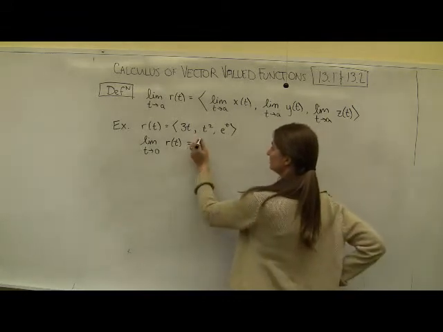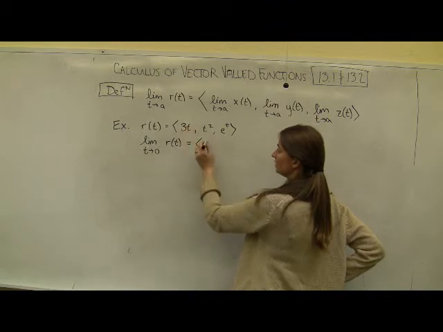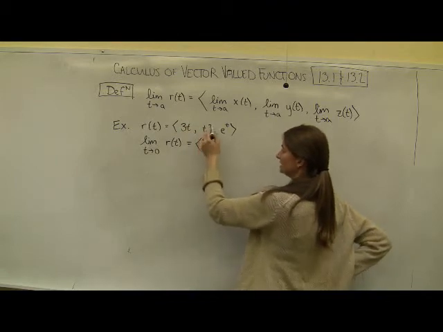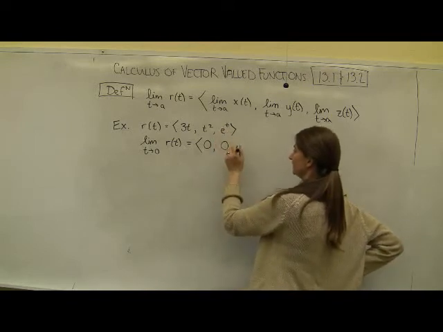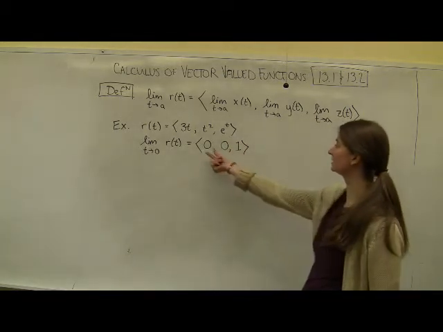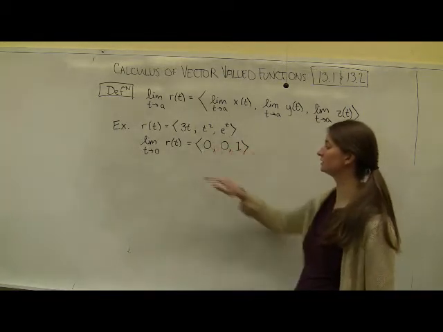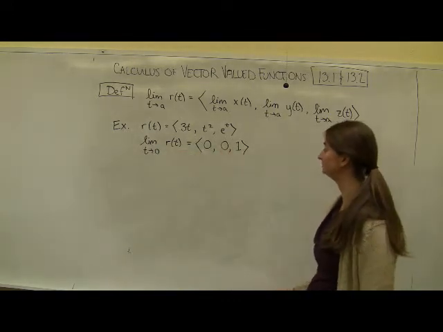This is maybe sort of a boring example, because as t goes to 0, 3t will also go to 0. As t goes to 0, t squared goes to 0. And as t goes to 0, e to the t becomes 1. So in this case, the limit is defined for each of the component functions, so the limit is defined for this vector-valued function as well.